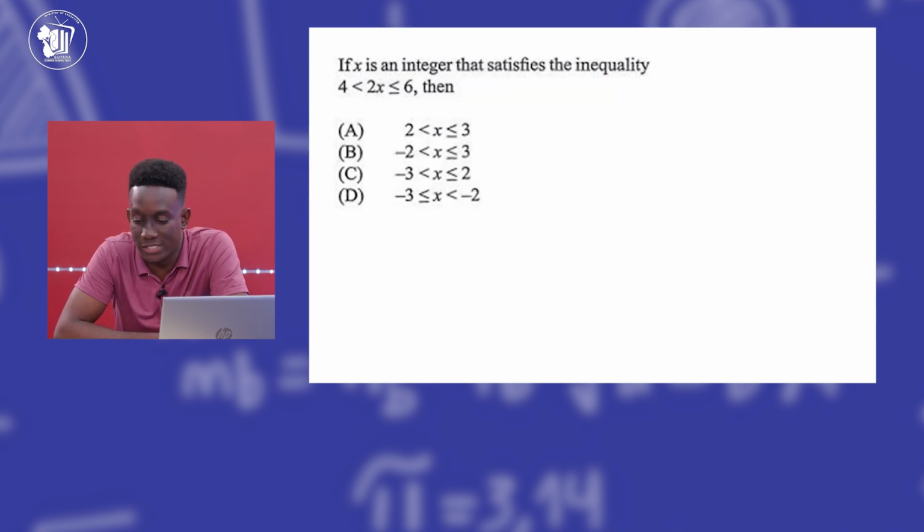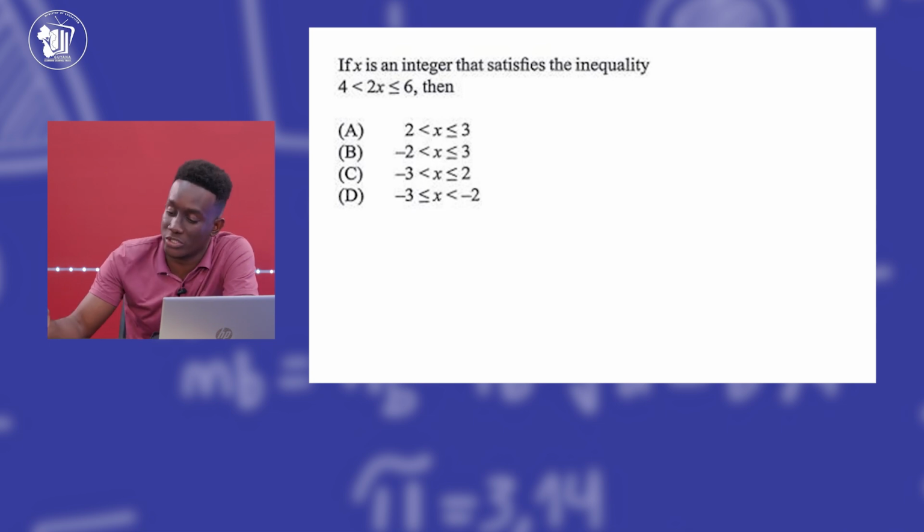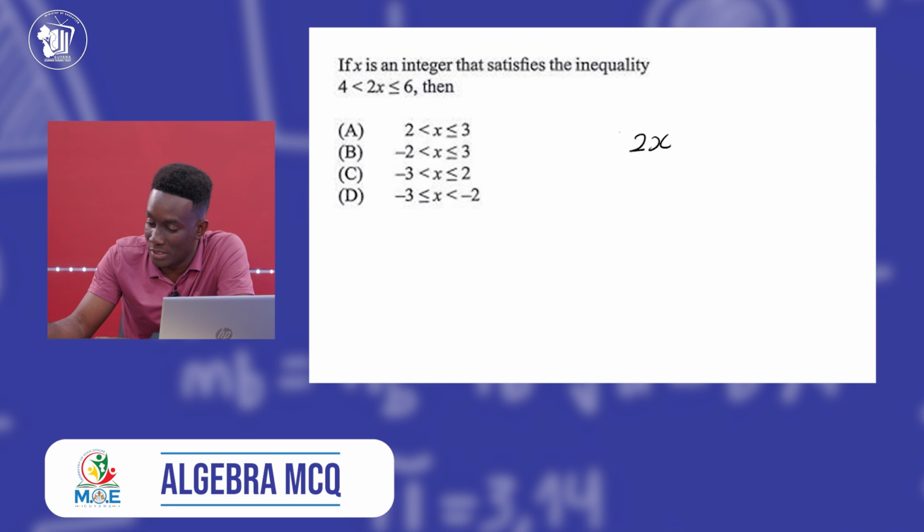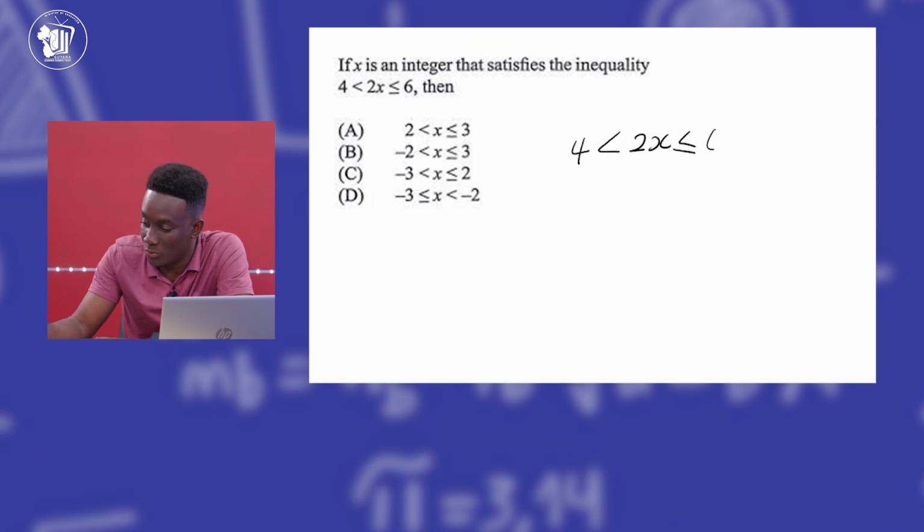So the next question says, if x is an integer that satisfies the inequality, so we have 2x is greater than 4, but less than or equal to 6. Then we want to know what x would be as an integer that would satisfy this. So we put the 2x in the middle, it's greater than 4, but less than or equal to 6.